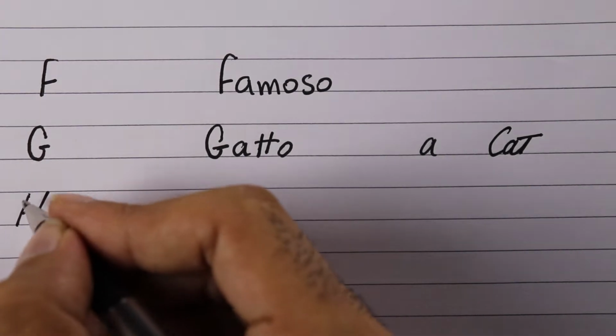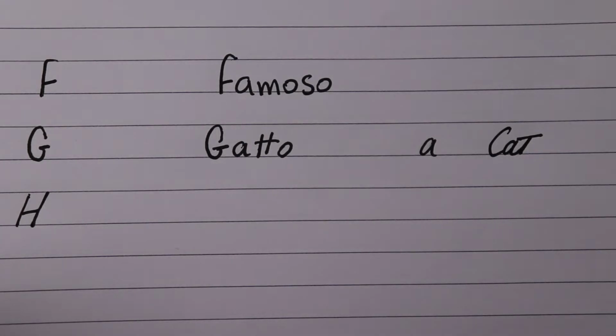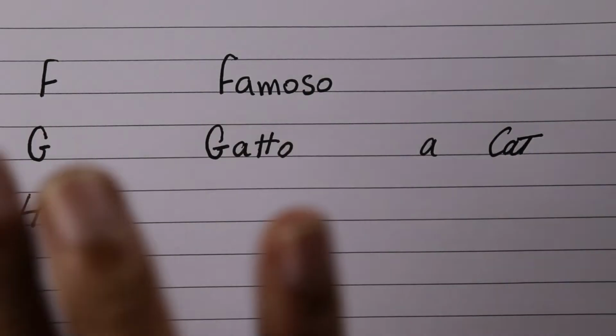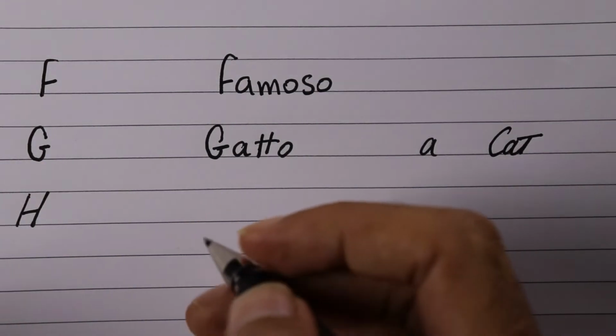It is not H. In the Italian language we call it H, and it is a silent letter. We do not pronounce it at all. We pronounce the next letter.